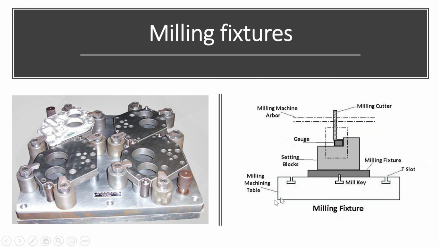If you observe the figure on the right side, the bottommost part is the milling machine table on which a milling fixture is employed, on which the workpiece is held. For setting up the tool for machining of the workpiece, some gauges and setting blocks are required to set the proper relation between tool and workpiece.